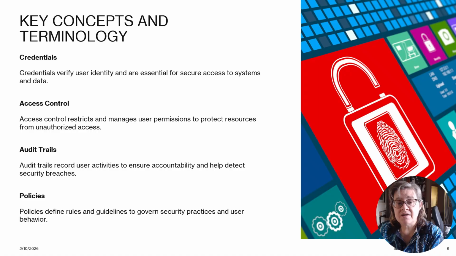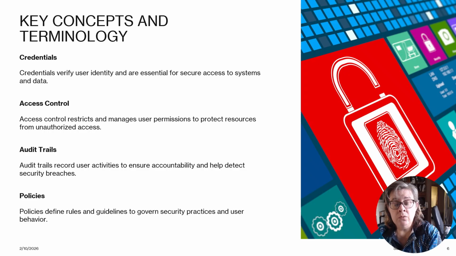Key terminologies include credentials, access controls, audit trails, and policies. Understanding these helps in designing and managing AAA mechanisms effectively. Credentials verify user identity and are essential for secure access to systems and data.